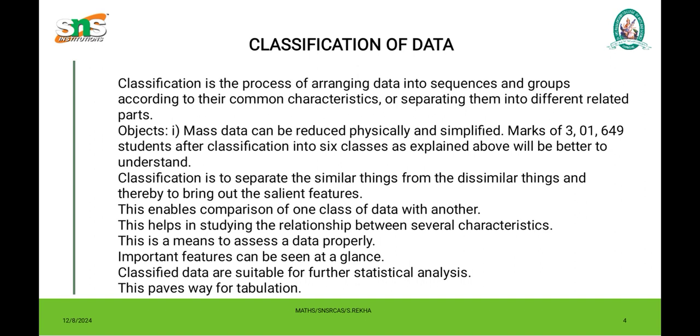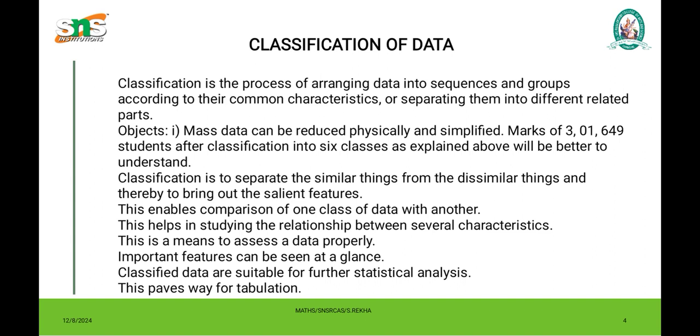Next is classification of data. After tabulation, the arrangement of data should be done based on sequence and groups, in the form of common characteristics, so that mass data can be reduced and simplified. Classified data separates things based on dissimilarities and brings out the salient features.